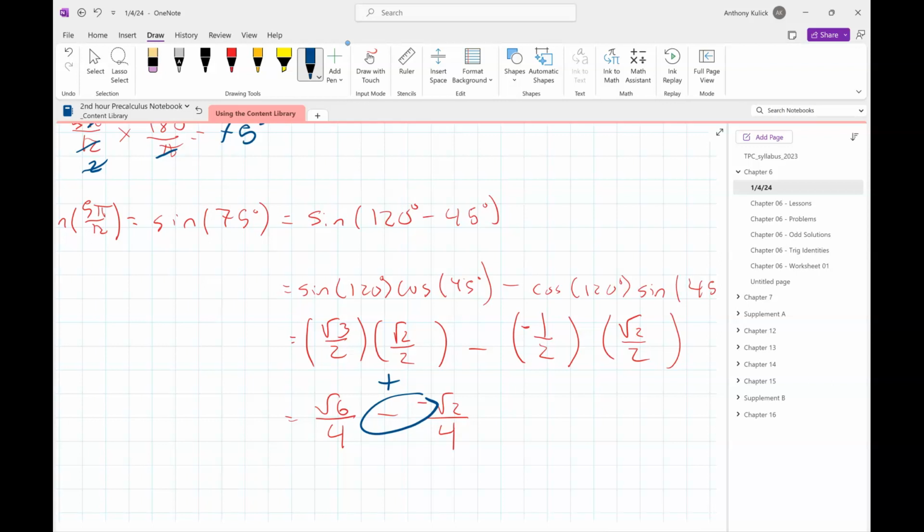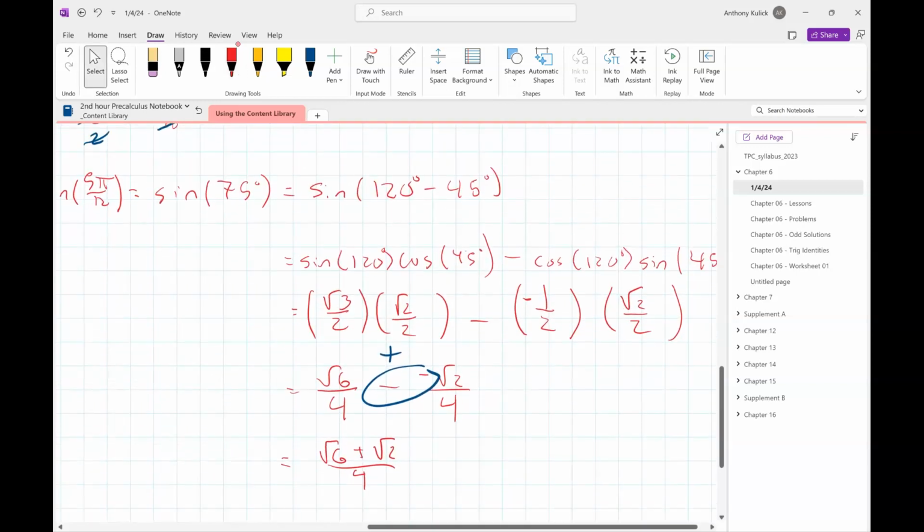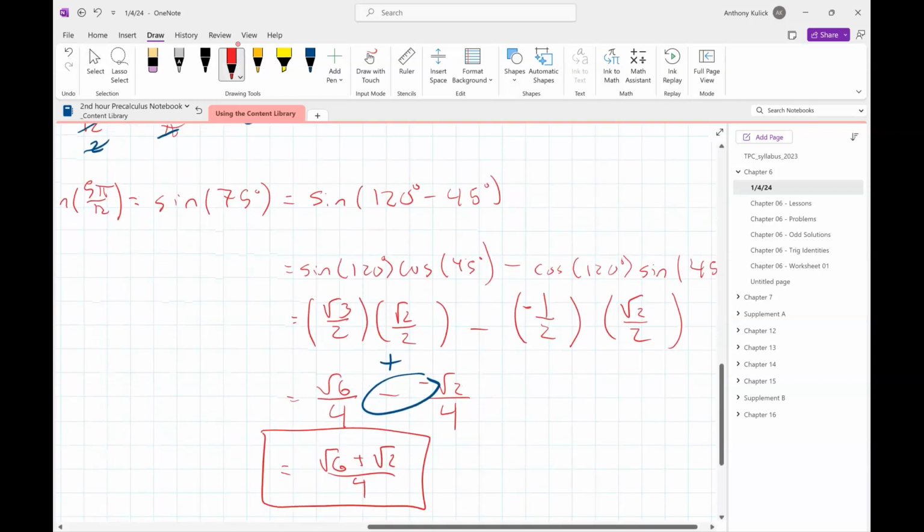Just adding, right? And I have a common denominator, but just like before, I know I can't add those two radicals together because they are different radicals. So I just write them adding over the same common denominator, I'm done. Everybody feel okay there?